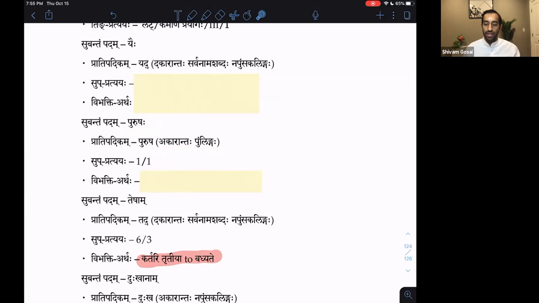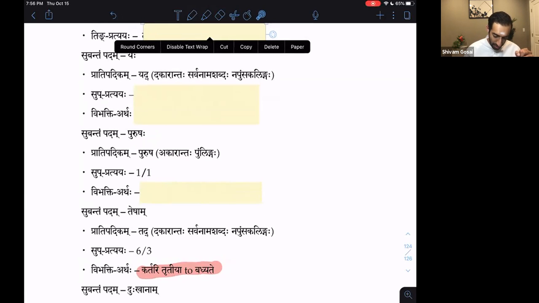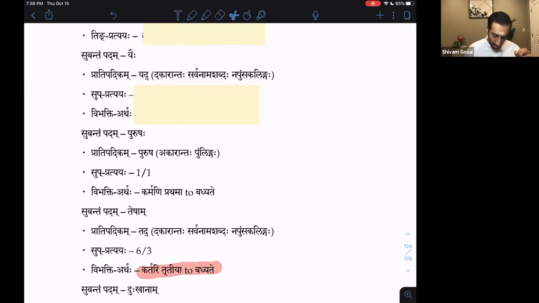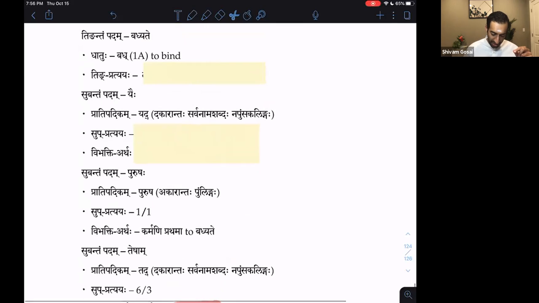Now we're in karmani prayoga, so first case is going to be karmani prathama. If we're in karmani prayoga, it's going to be karmani prathama. So, bound. What is bound? The purusha is bound. The person is bound.